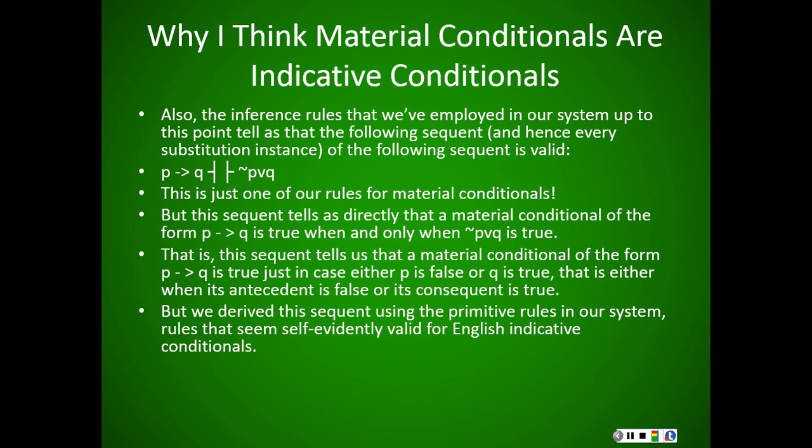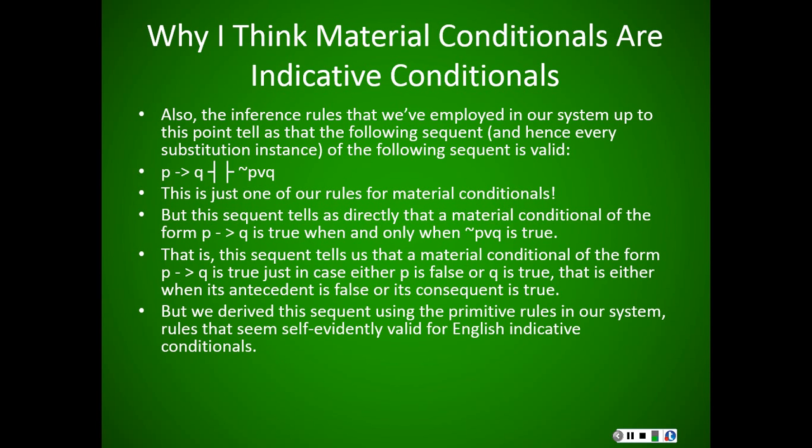Okay, but we derive this sequent using the primitive rules in our system, rules that seem self-evidently valid for English indicative conditionals. When I introduced all those rules that we learned in the last chapter, they all seemed self-evidently valid.